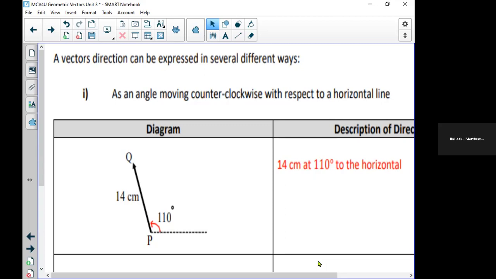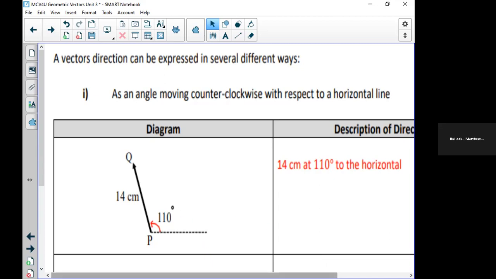Okay, so back when we did trigonometry in grade 11 and we learned about terminal arms and angles of rotation, you always started at this horizontal. Always horizontal to the ground, parallel to the ground, and you rotate counterclockwise. That angle of rotation with respect to the horizontal line is one way that we can show the direction for a vector.